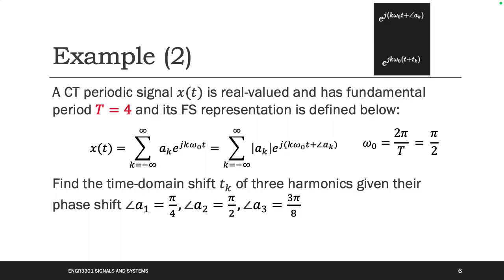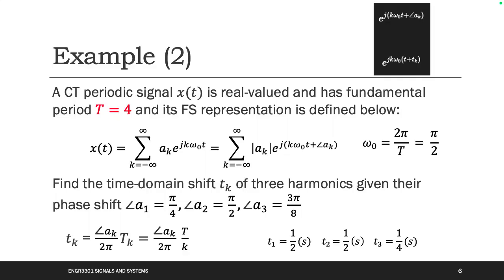That makes sense to you? So t_1 is 1/2, second, t_2, if you put it in, is also 1/2, because k will change, and t_3 is 1/4.